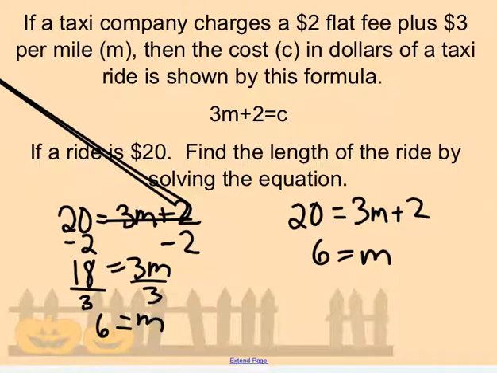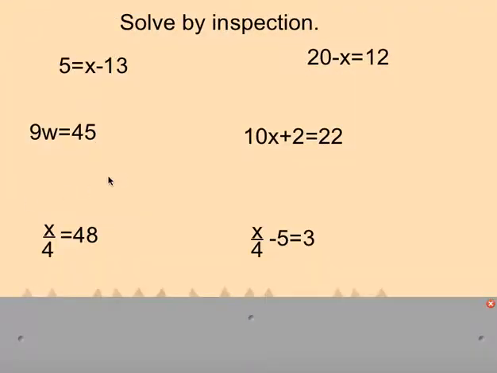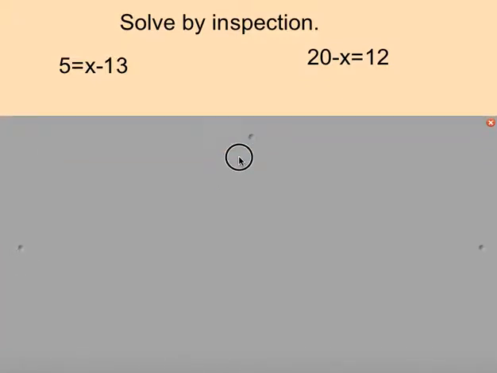So let's look at some other examples, one at a time. 5 equals x minus 13. What I can say to myself, and this is kind of like a checking method, just to make sure that you understand what it means to solve equations, is, what number minus 13 would give me 5?